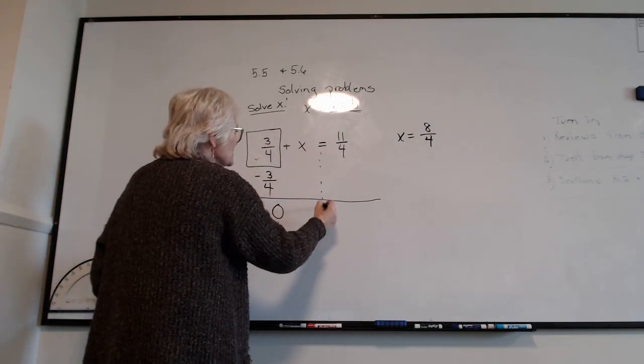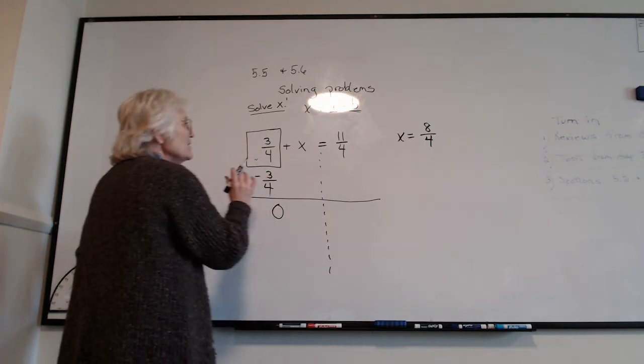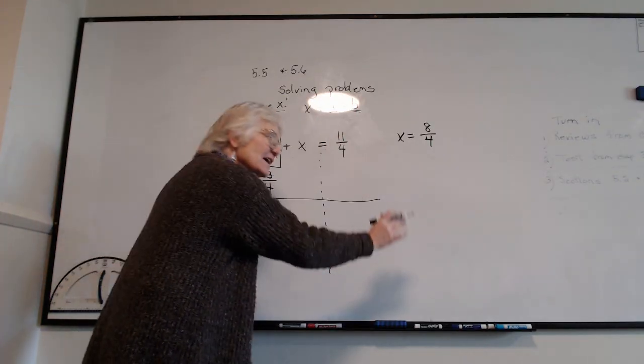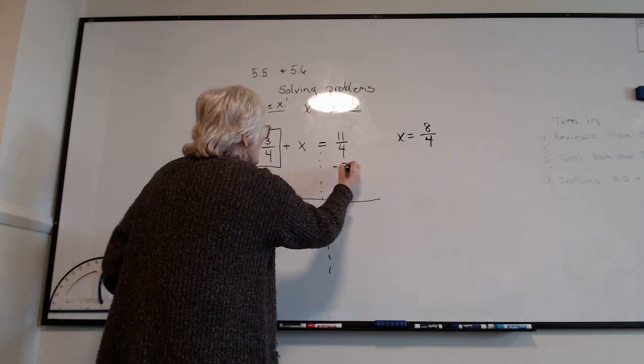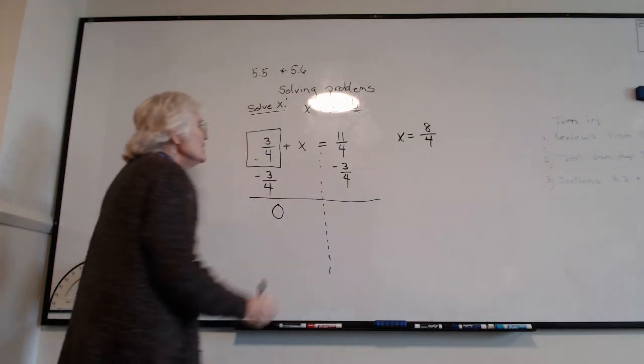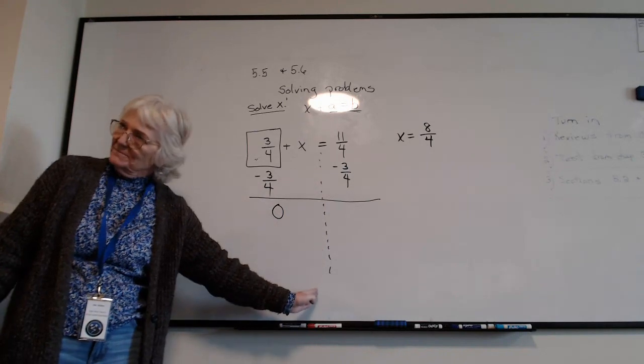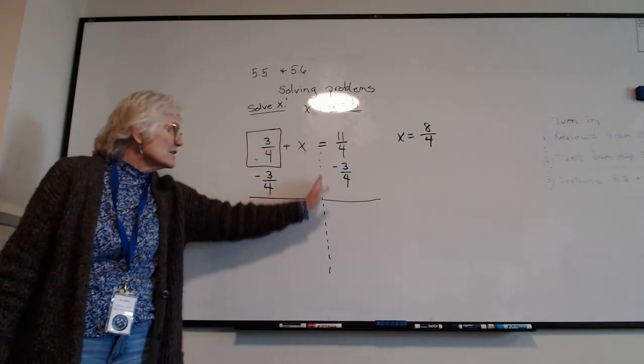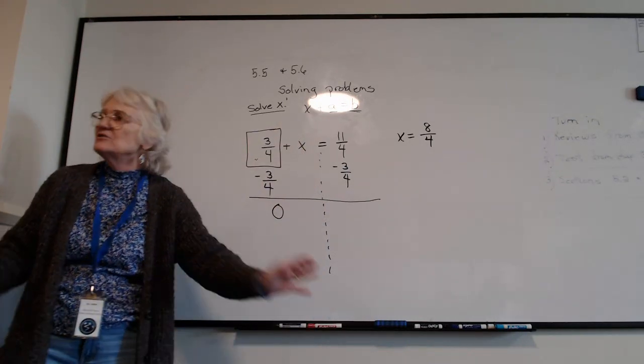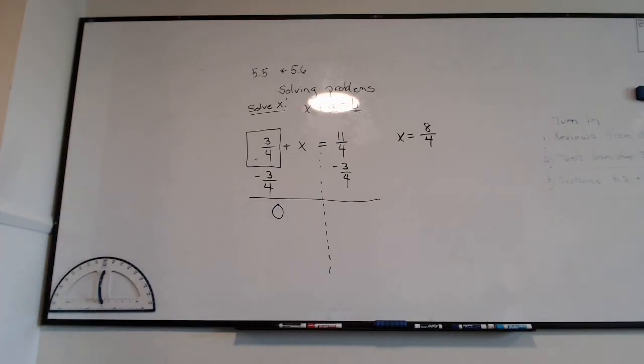I do this because we want to do the same thing on both sides. So I'm also going to subtract 3/4 over here. Notice I did the same thing on both sides of the equation. If you put the little line down for where the equal sign is, you know you're doing it on both sides. This helps because sometimes if we put numbers together, you'll think you have to subtract the opposite, but no, they're on the same side of the equation.